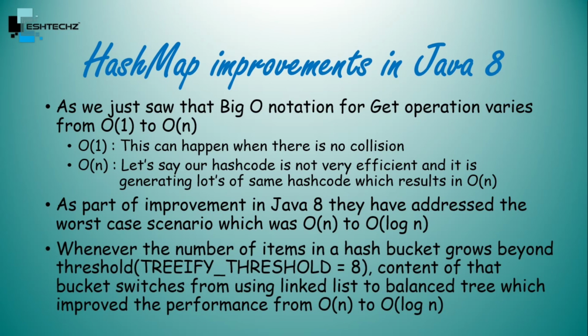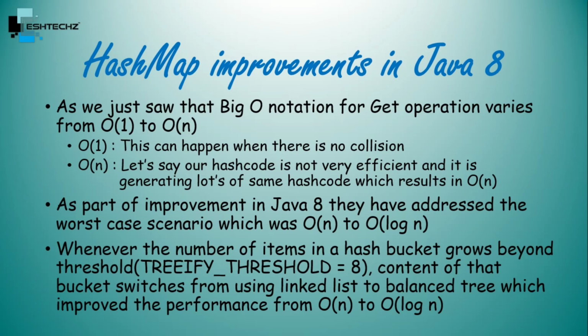In order to do that, whenever the number of items in a hash bucket grows beyond the threshold, and the threshold is TREEIFY_THRESHOLD with value 8, the content of that bucket switches from using a linked list to a balanced tree, which improves the performance from O of n to O of log n.